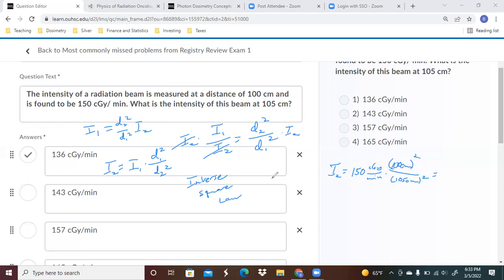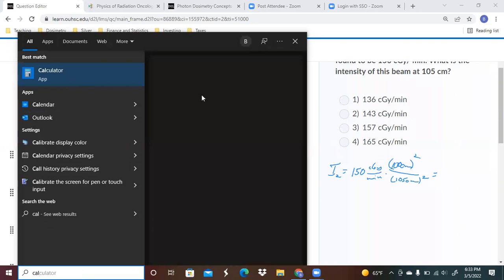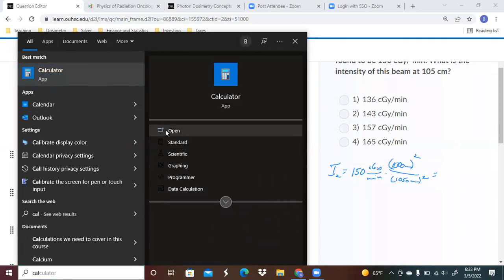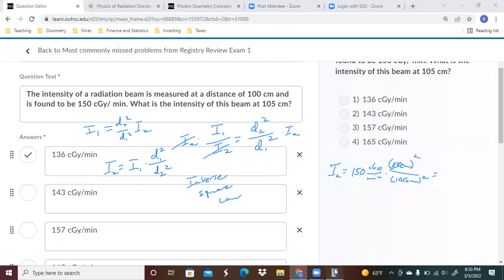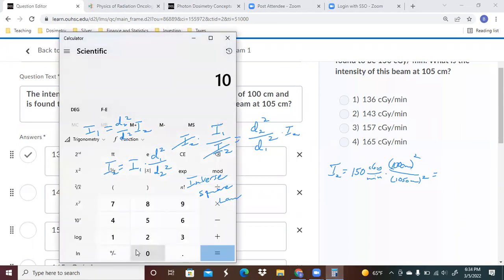So let me see if I can get a calculator going here. There we go. If I take 100, you can square it or wait until later, but I'll go ahead and square it now, divided by 105 squared, and then that gets multiplied by 150.